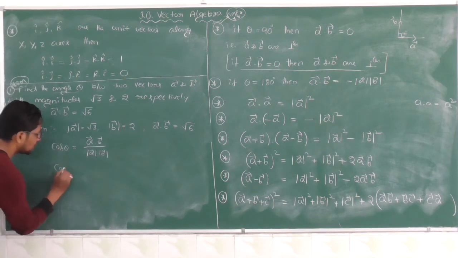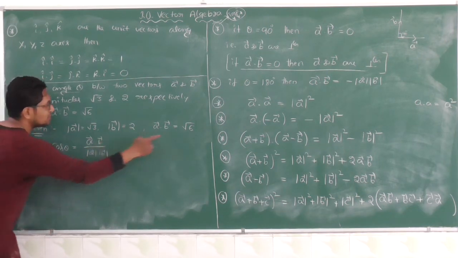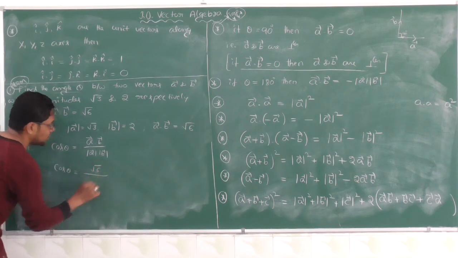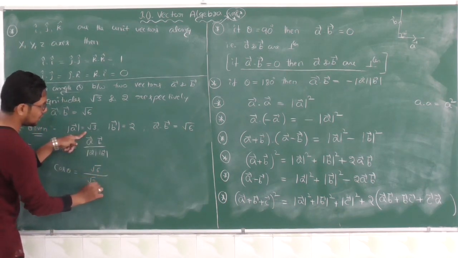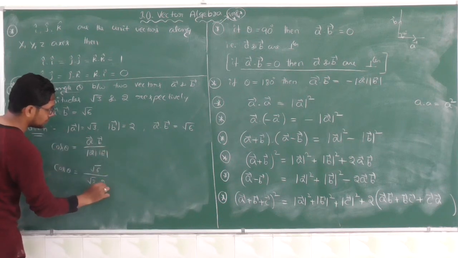Next, cos theta equals A dot B, which is square root of 6, divided by magnitude A, square root of 3, into magnitude B, 2.